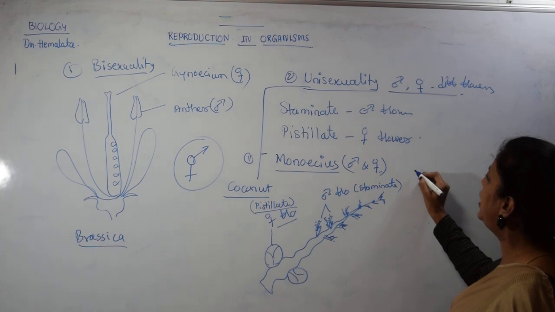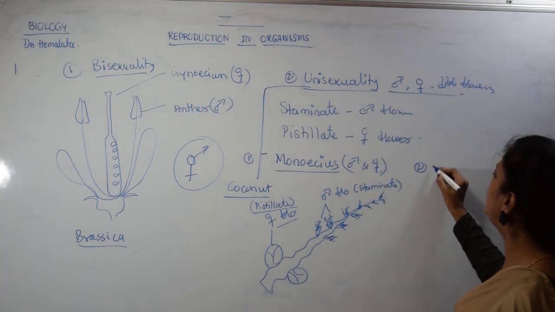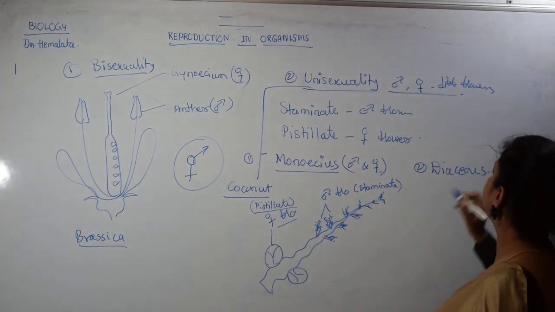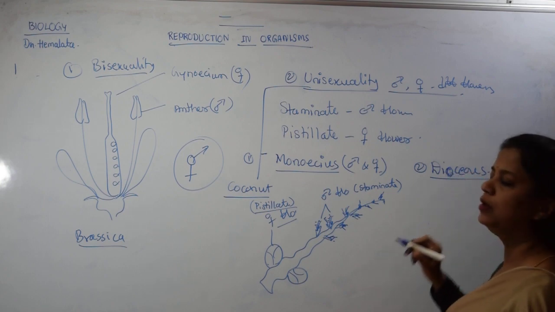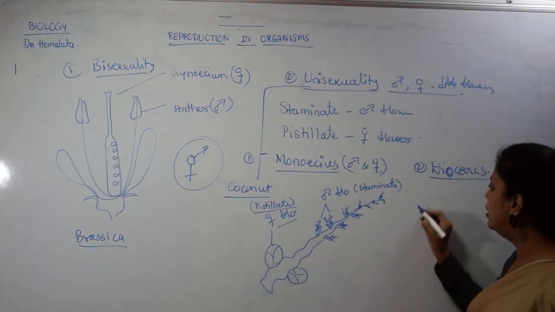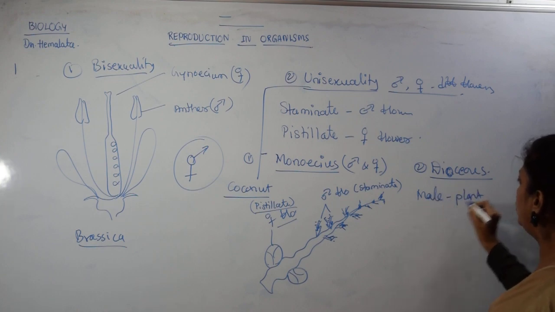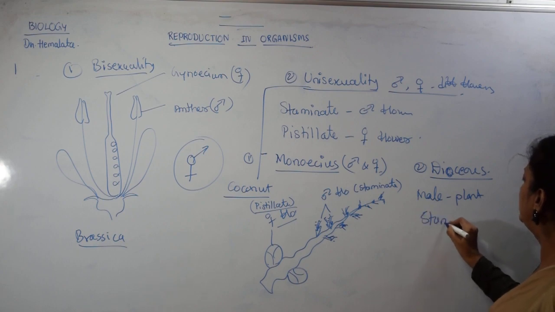But the second type under this, what is that? Under unisexuality only, the second type I am giving you is dioecious. What happens is, here the male plant is different, having only the staminate flowers.